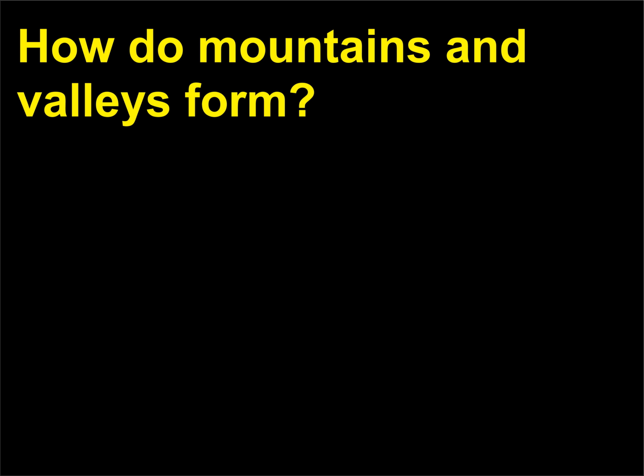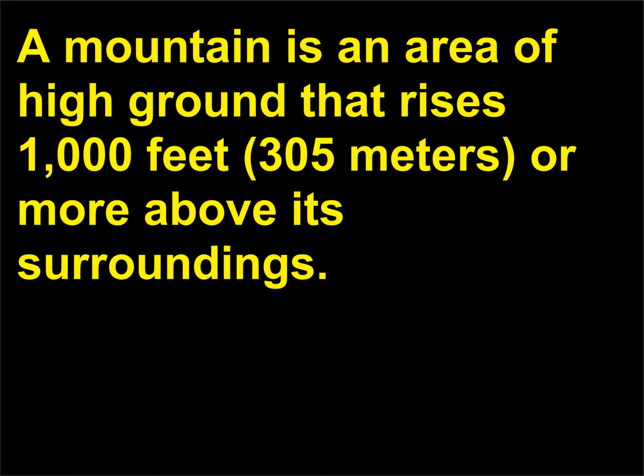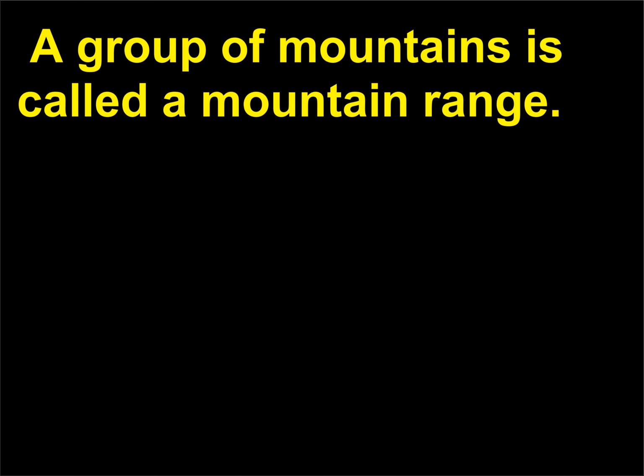How do mountains and valleys form? A mountain is an area of high ground that rises 1,000 feet, 305 meters, or more above its surroundings. A group of mountains is called a mountain range.